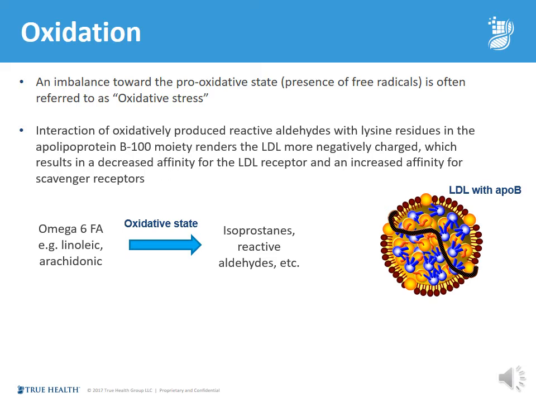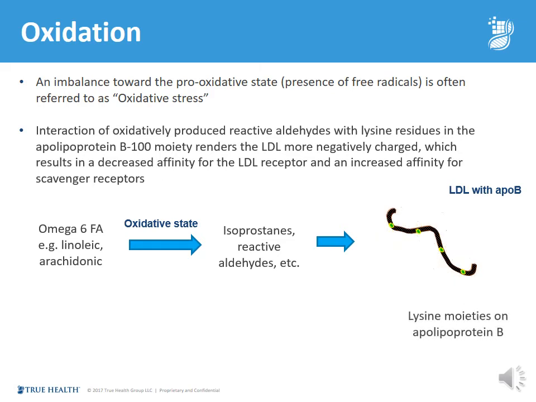And other molecules are also possible from oxidation of arachidonic acid. So, what do these reactive aldehydes do? They bind to or replace the lysine moieties that are on apolipoprotein B. And that's going to change the configuration of ApoB, which, as previously mentioned, is going to affect its ability to bind to various receptors. Scavenger receptors in inflammatory cells and the LDL receptors, especially in the liver, intestine, or other organs that might be looking to clear LDL particles.